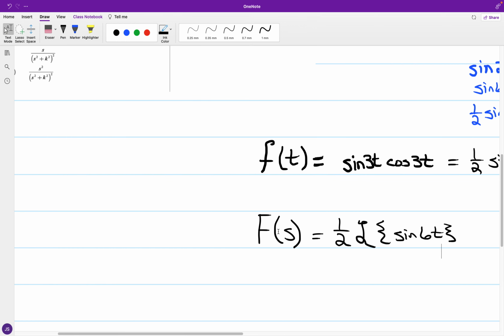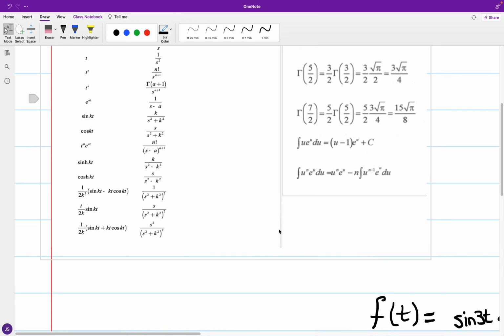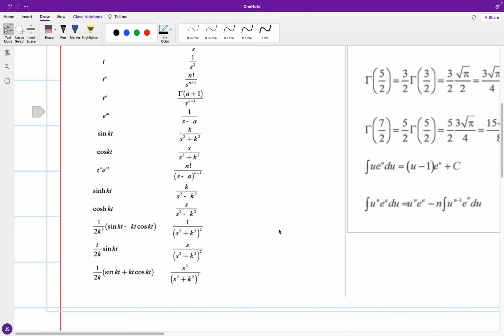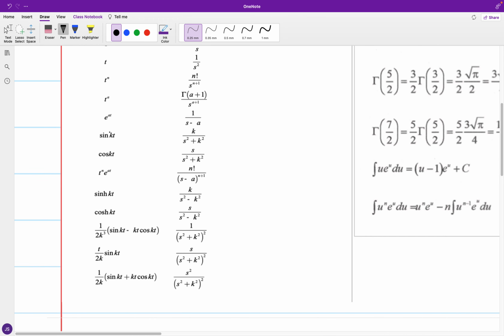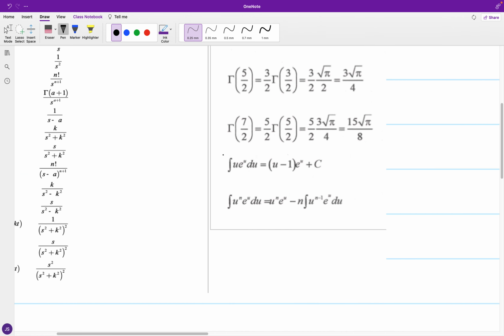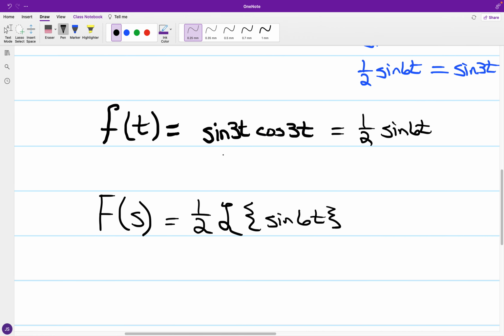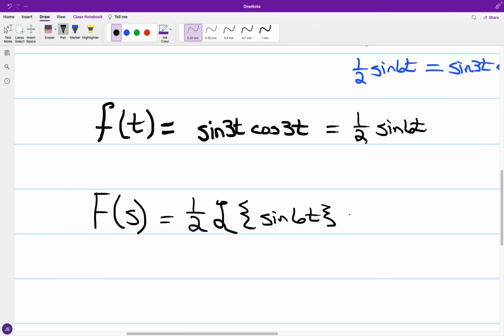And once again, referencing the tables, for the sine of 6t, where k is 6, the Laplace transform is going to be 6 over s squared plus 6 squared. So that's going to be 6 over s squared plus 36.